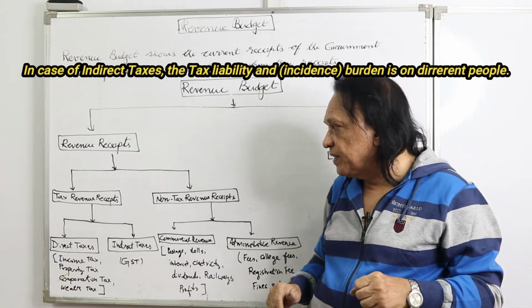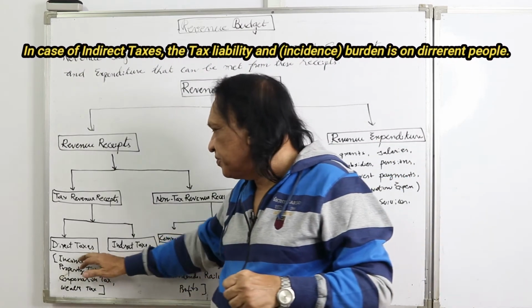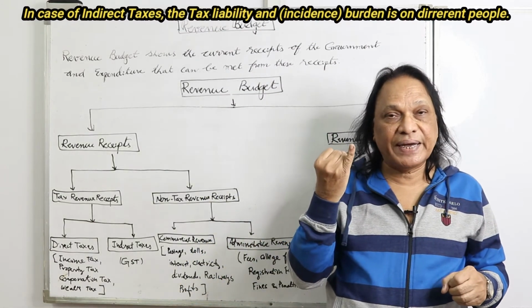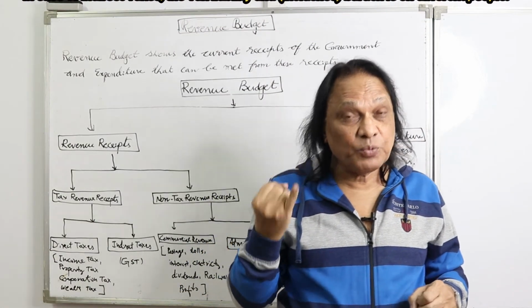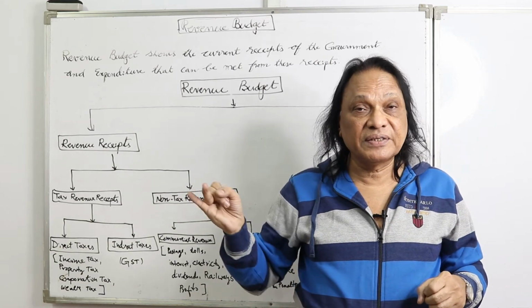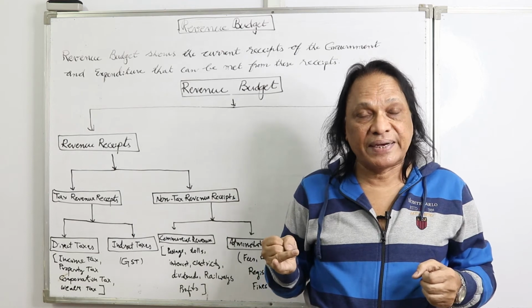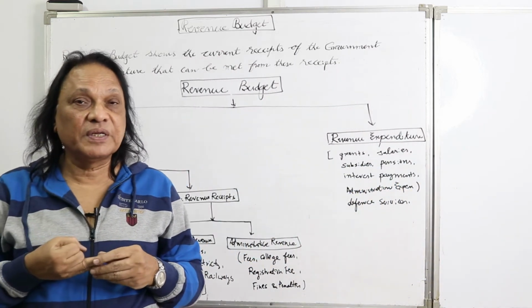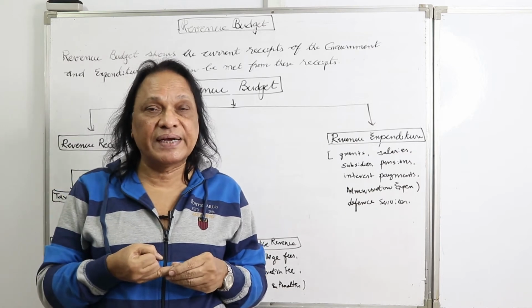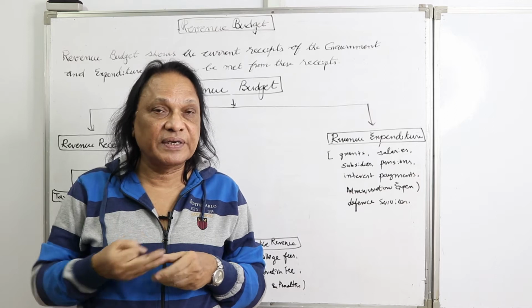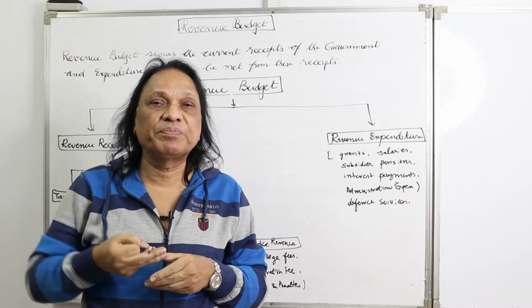So broadly speaking here, we can differentiate between direct and indirect taxes. Direct taxes are income tax, property tax, wealth tax, interest tax, corporation tax. Indirect taxes is just GST, Goods and Services Tax. Direct taxes, the second point, is the tax liability of the direct tax and the burden is on the same person. In case of indirect taxes, the tax liability and the burden is on different people.